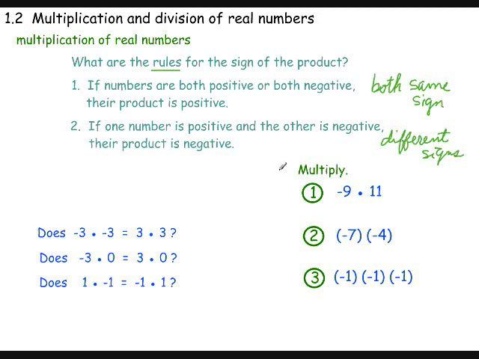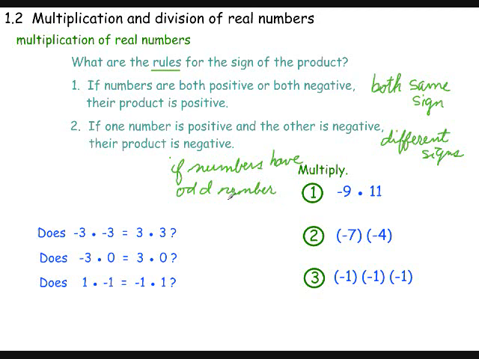Another way to say it is that if numbers have an odd number of signs, of negatives.